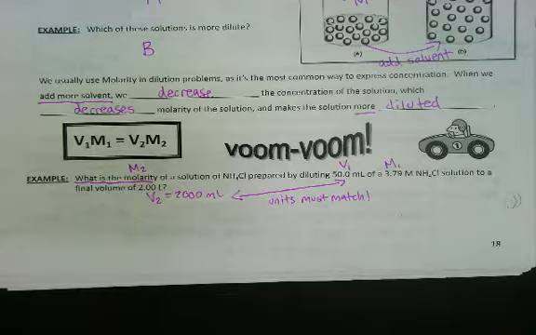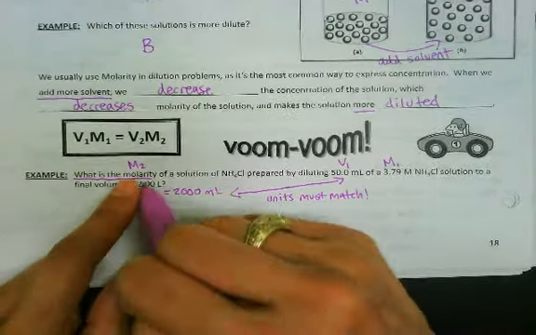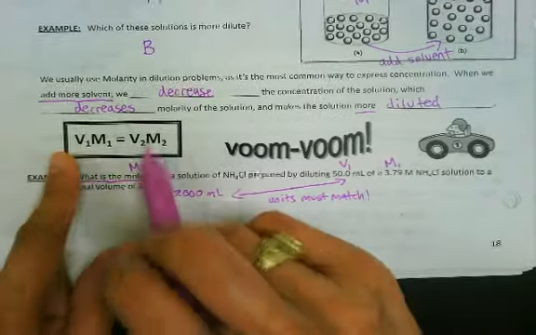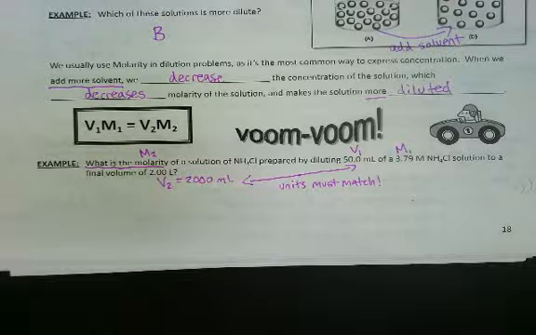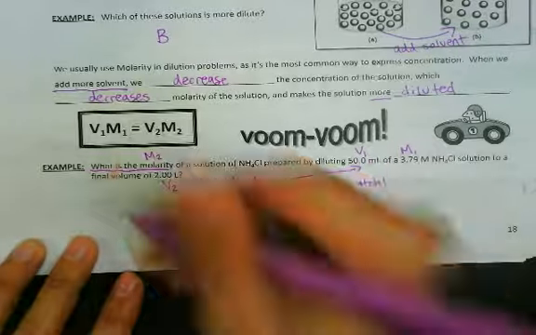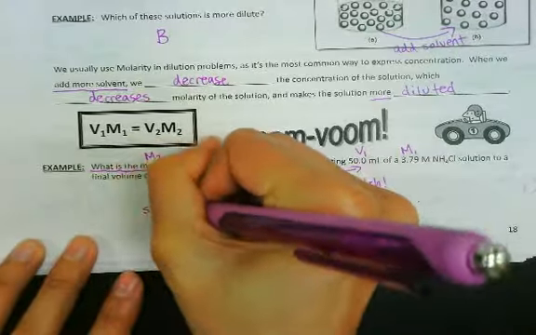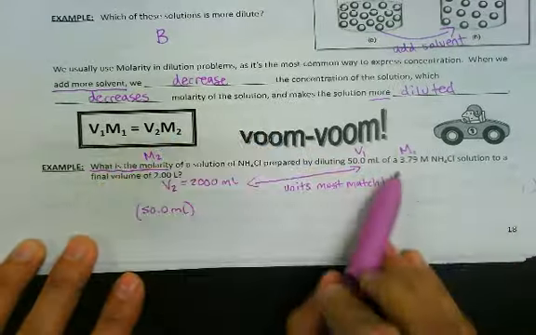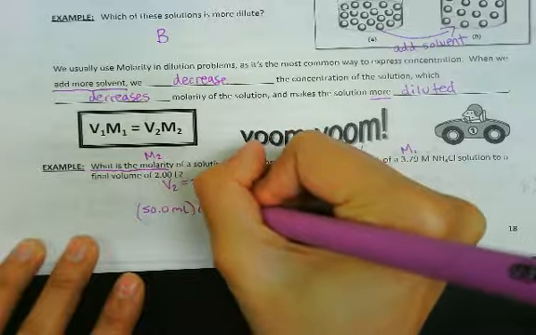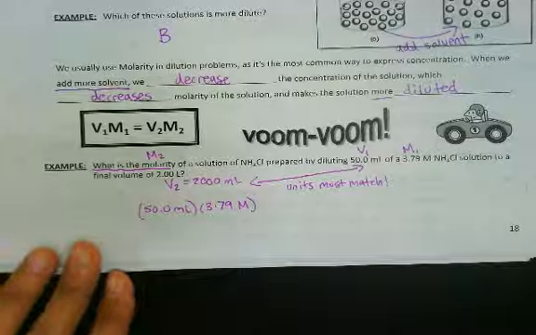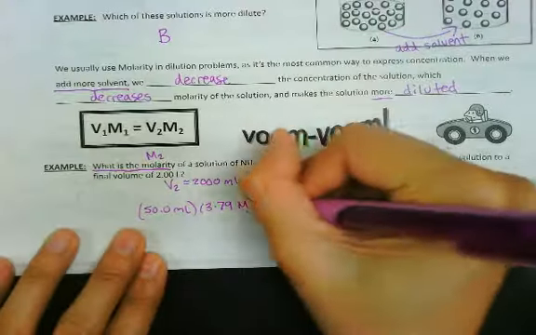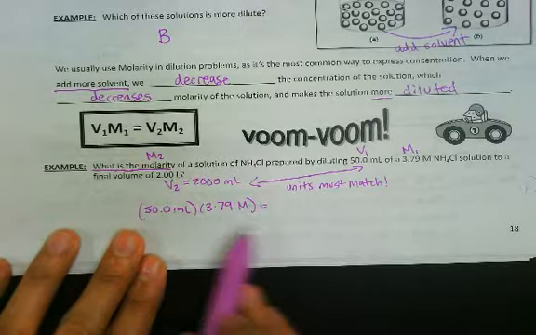But now that our units match and we know what we're solving for, M2, we can just plug this into that equation. So it's just plugging in and solving algebraically, okay? We know V1 is 50 milliliters. We know M1 is 3.79 molar.